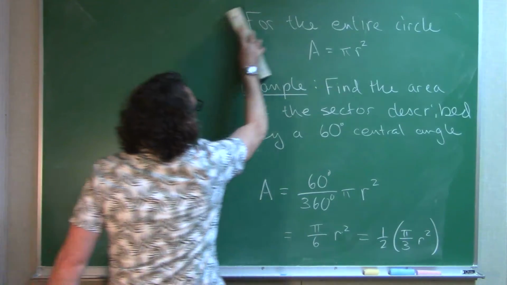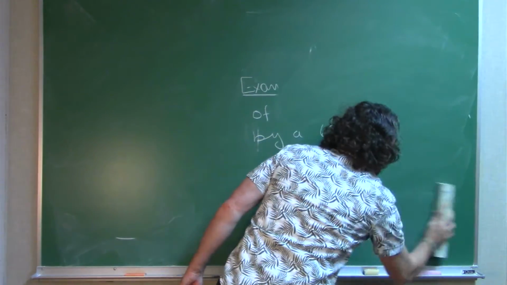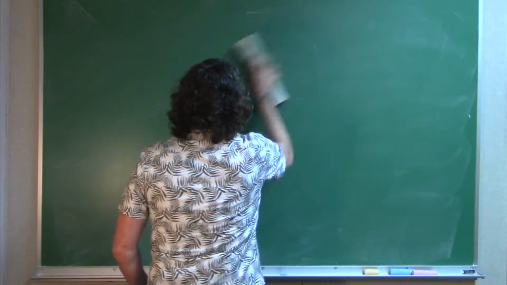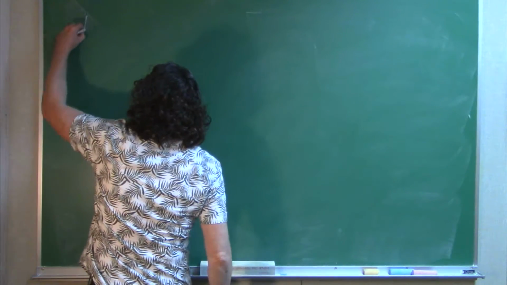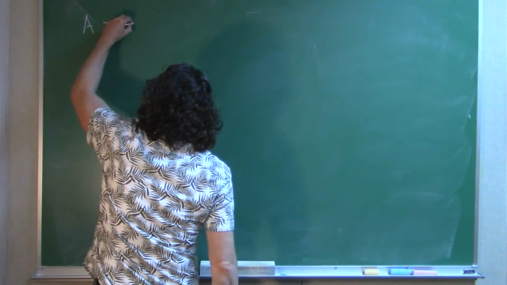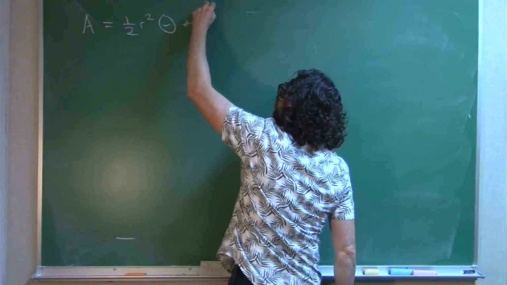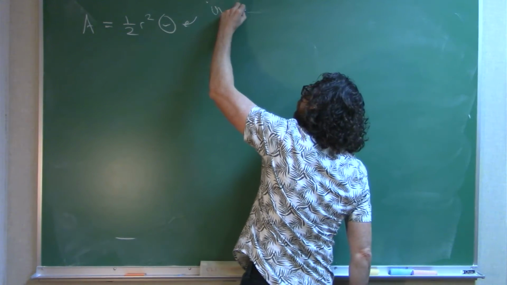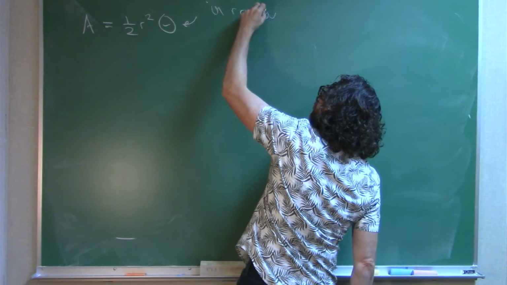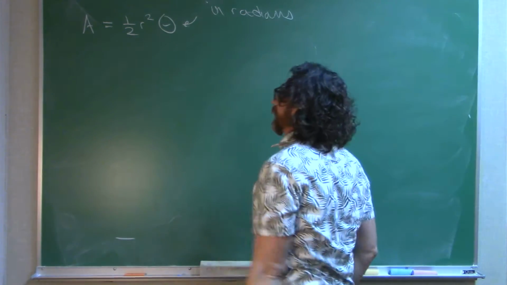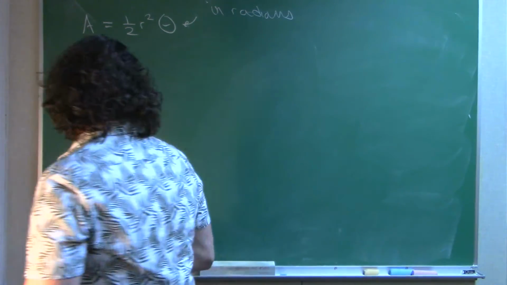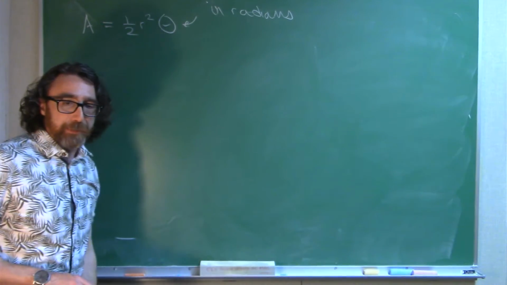So the area of a sector is 1/2 r squared theta, and once again, theta needs to be measured in radians. Okay, theta needs to be measured in radians.